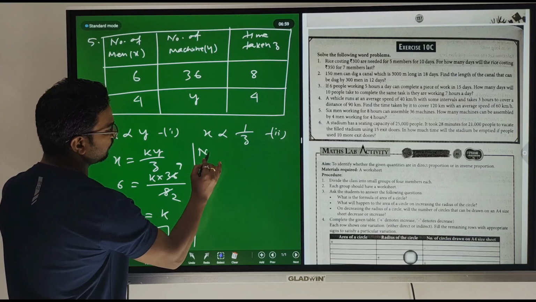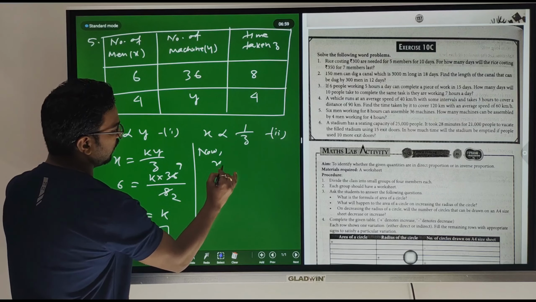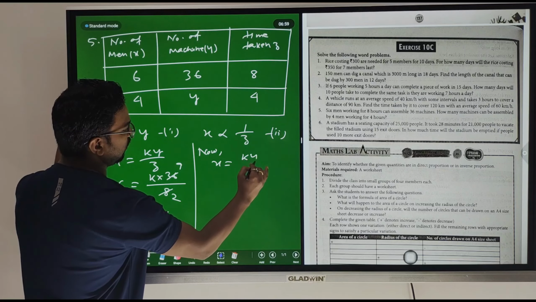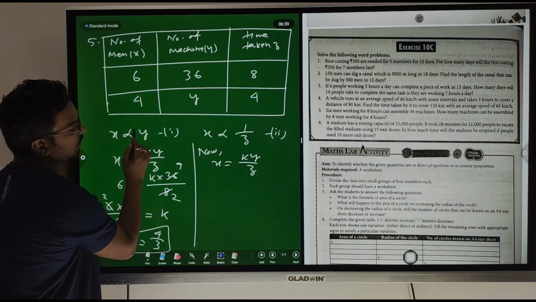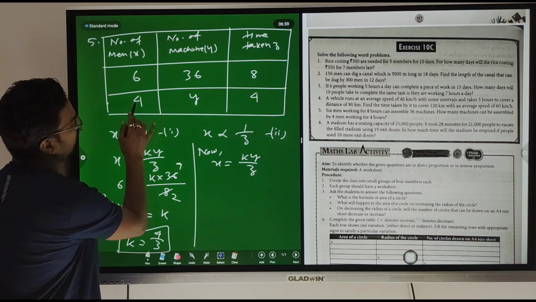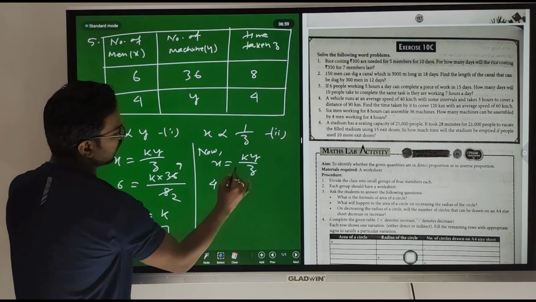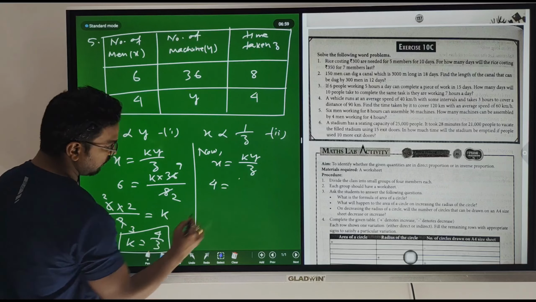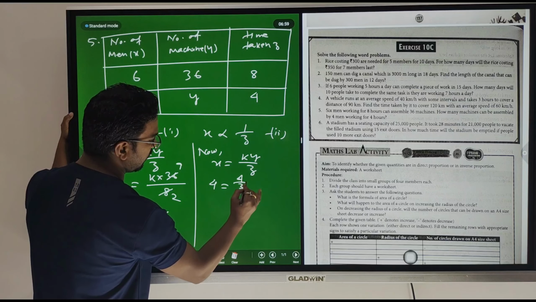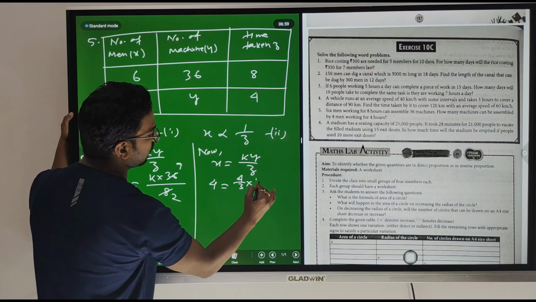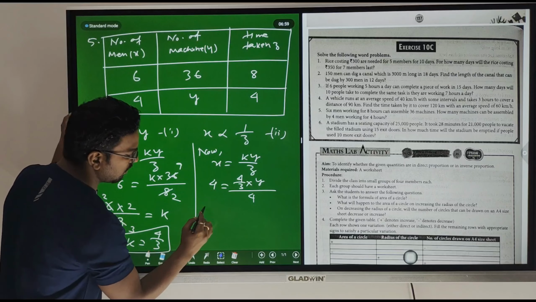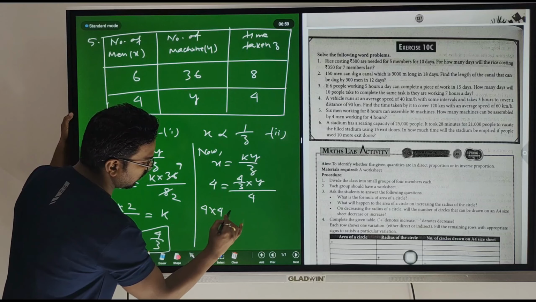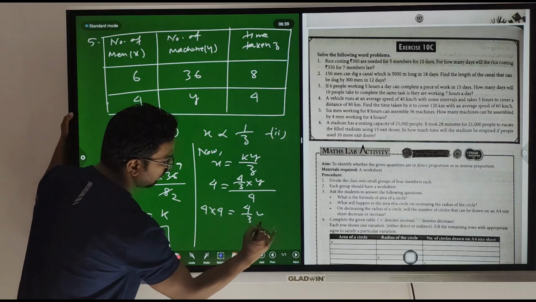Next, now again x equals to ky by z. So here x is 4, the value of k is 4 by 3 into y we don't know, divided by z is 4. So bring it to the other side, 4 into 4 equals to 4 by 3y.